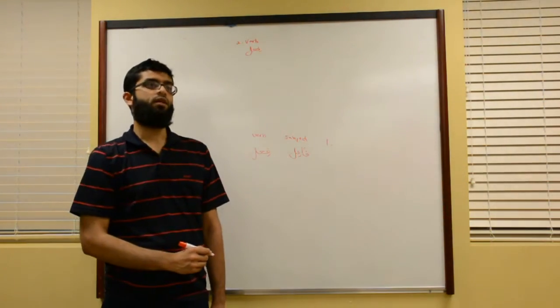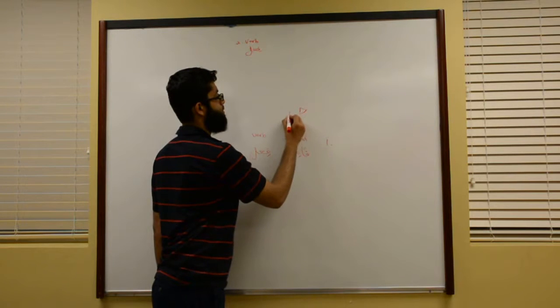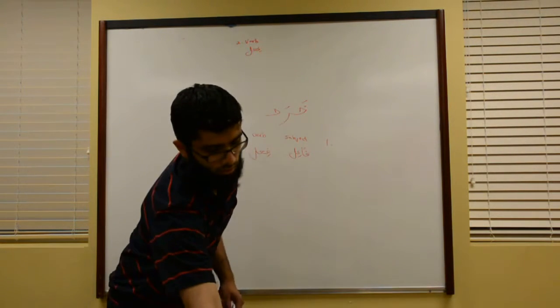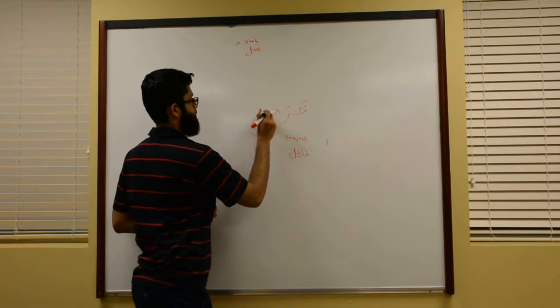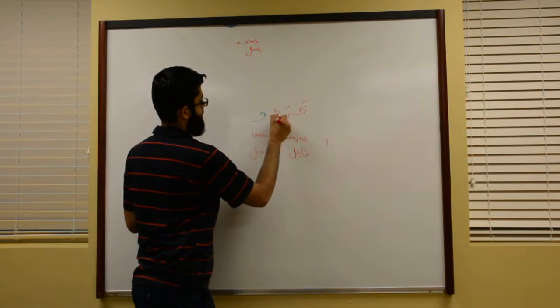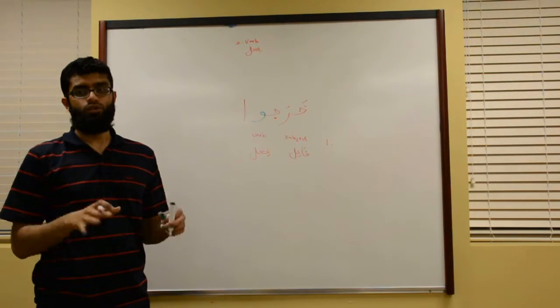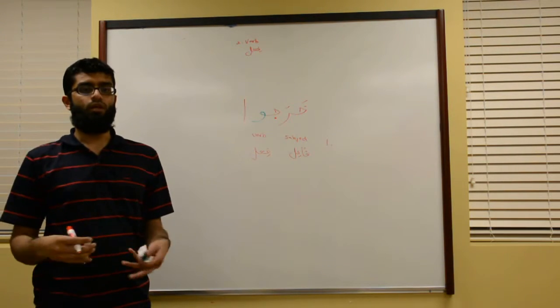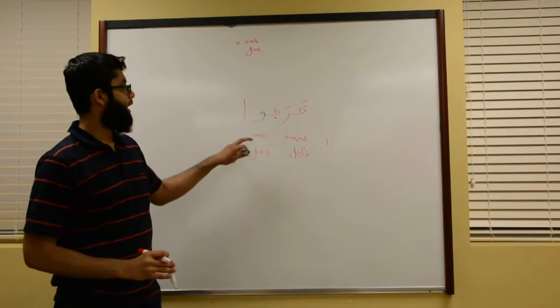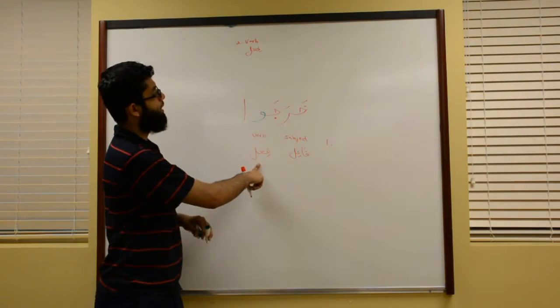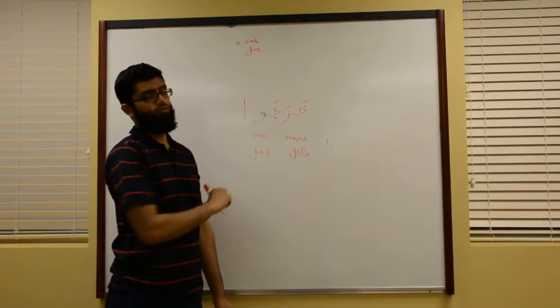If I say kharaju ila al-masjid, kharaju is actually a complete sentence. It means they went out. So kharaja is my verb, fi'l, and the wow is my fa'il.